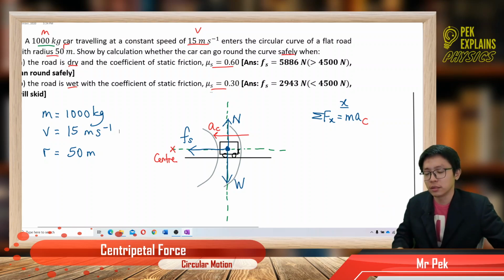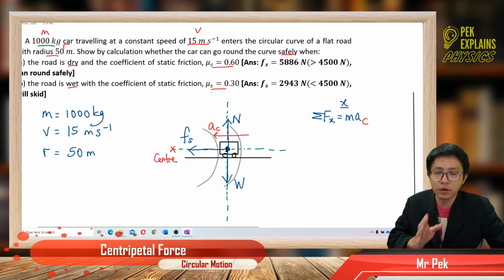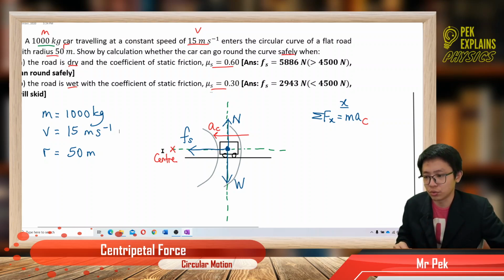The tendency of the car, the motion of the car, is moving forward, going out from the circle. So friction tries to oppose that and prevent the car from going out of the circle. That's why the friction is towards the center of the circle.